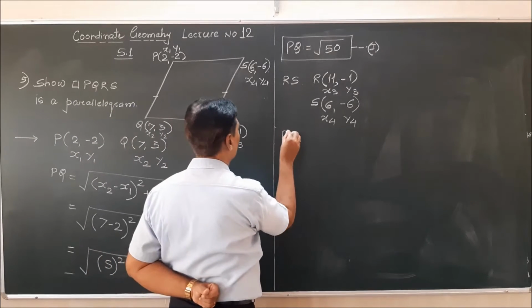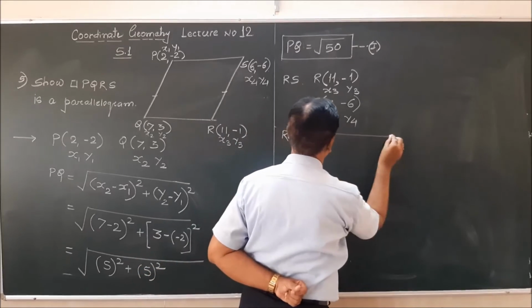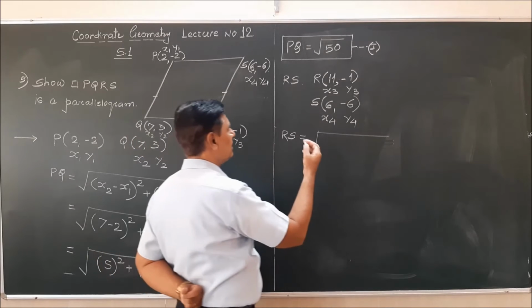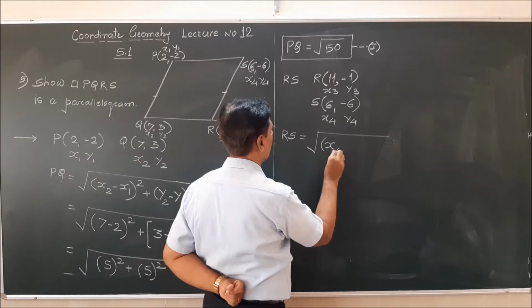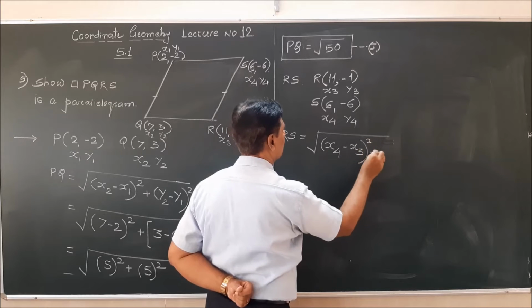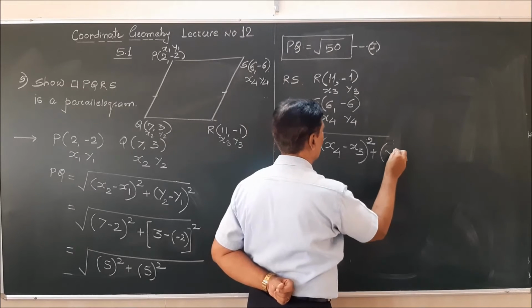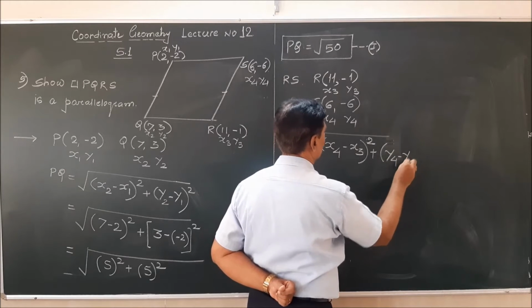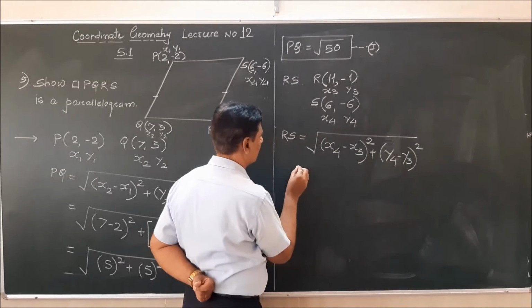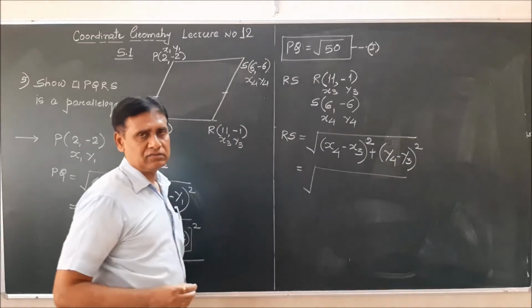So the length of RS is equal to the square root of (x4 minus x3) the whole square plus (y4 minus y3) the whole square. Substitute the values.